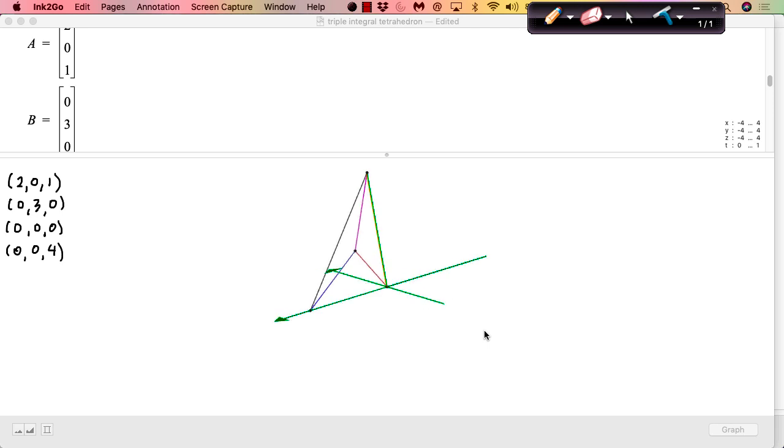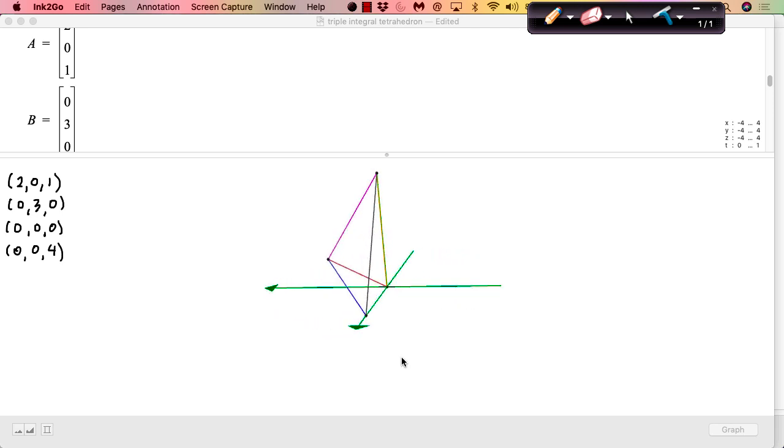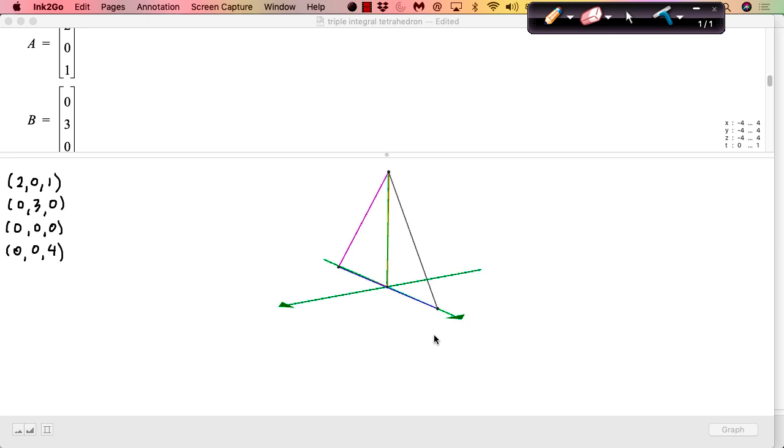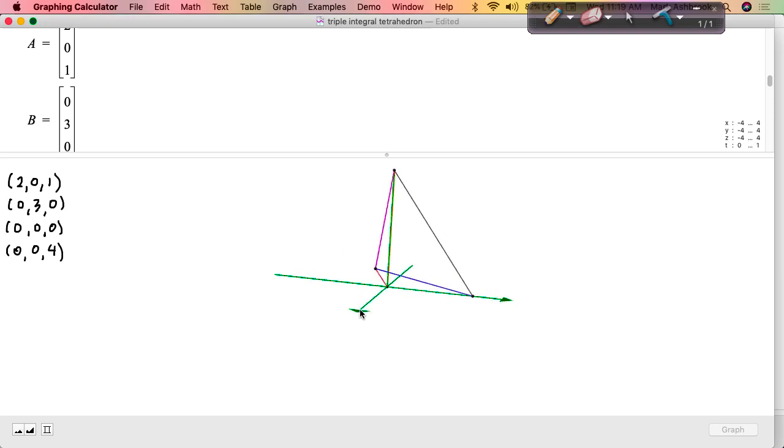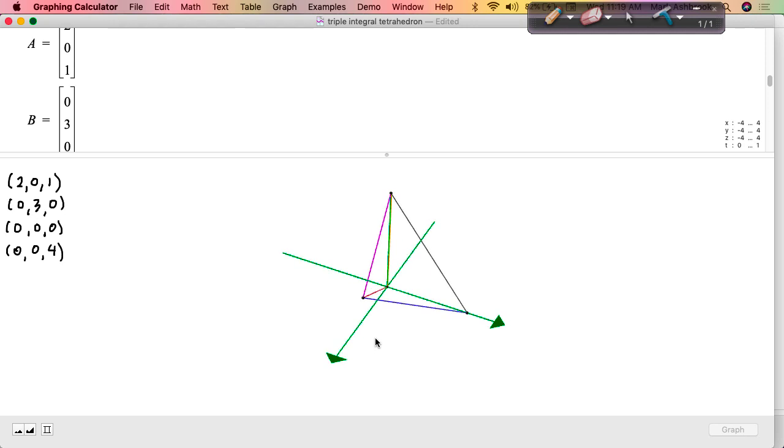Let me just pause it here. So what's a good view? That's a pretty decent view right there. Okay, so how about this back surface over here? Can we model that back surface in terms of x, y, and z?